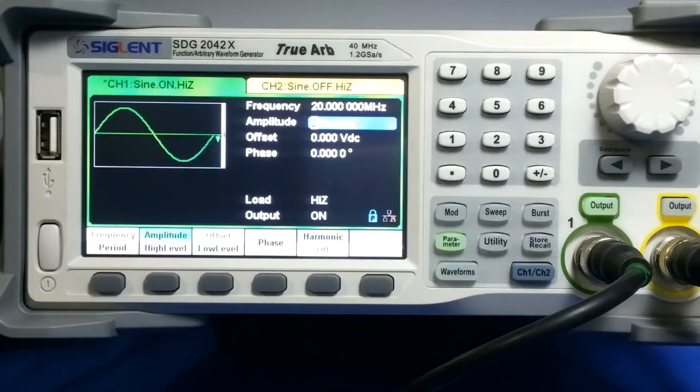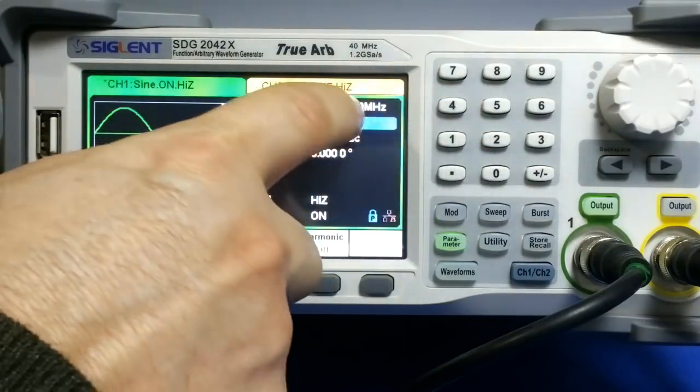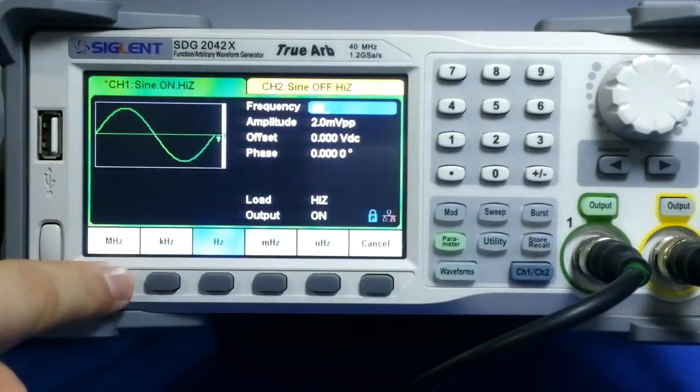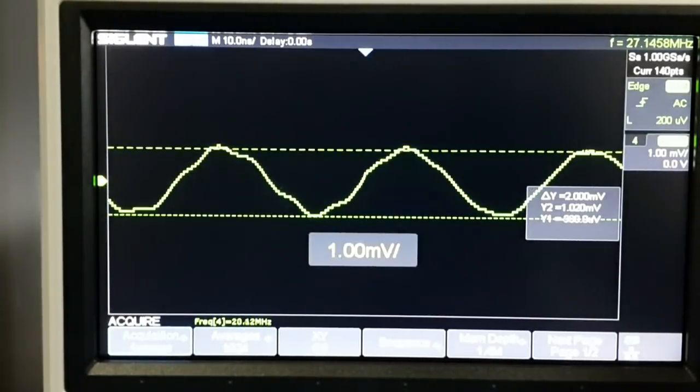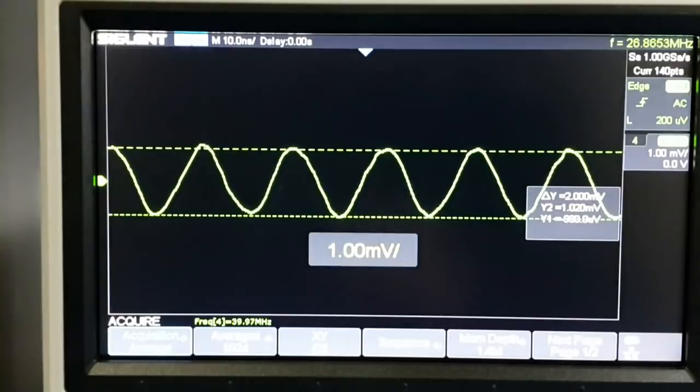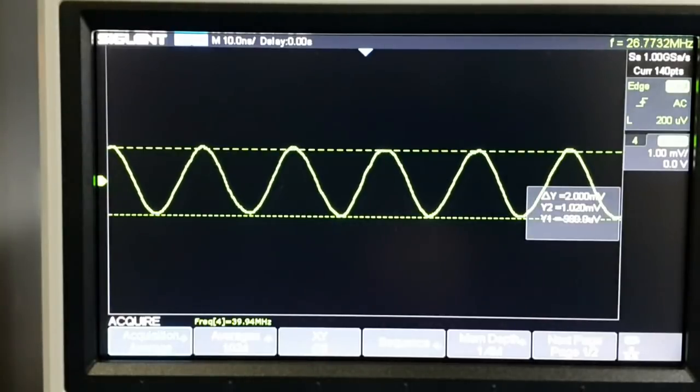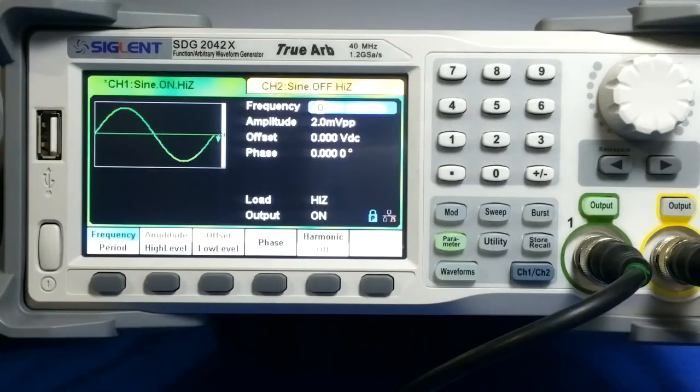I will increase the frequency to 40 megahertz. I will increase the frequency to 80 megahertz.